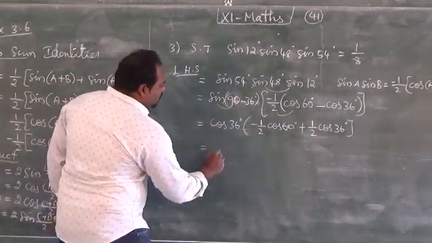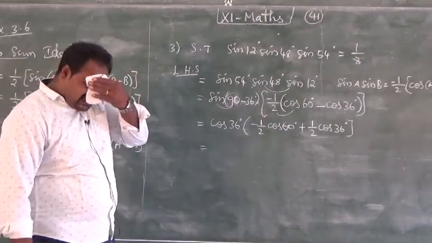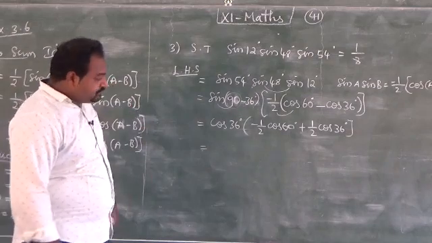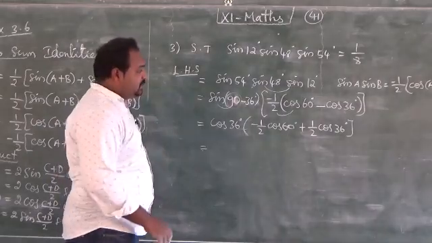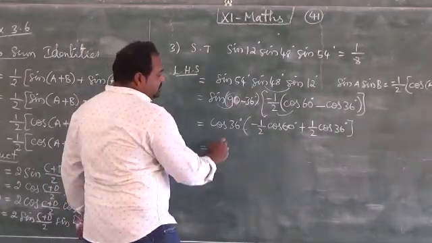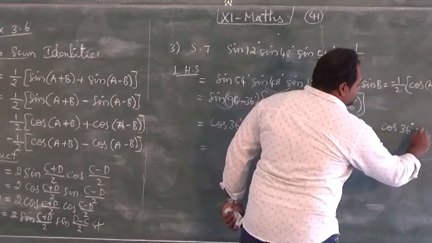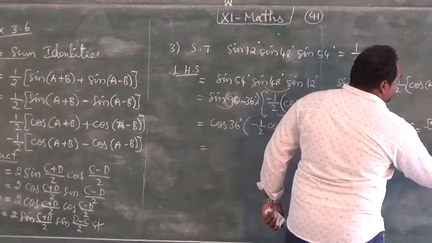Here we already know the value of cos 36 degree, because in example 3.9 we have given in detail the value of cos 36, which is equal to (root 5 plus 1) by 4.